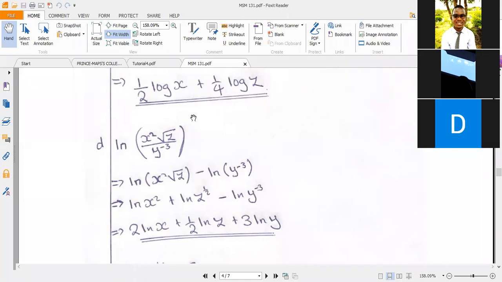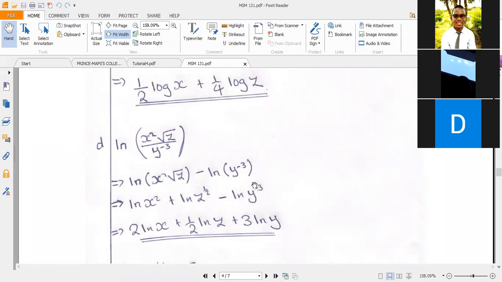That tells us that it is now ln x squared plus ln z, but the root of z is the same as z to the power half. So that is ln x squared plus ln z to the power half minus ln y to the -3.